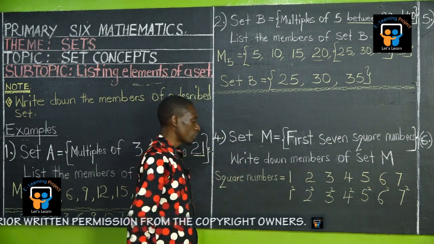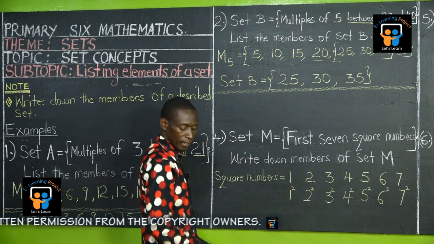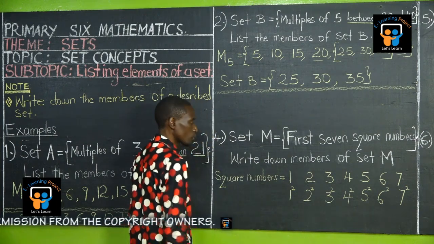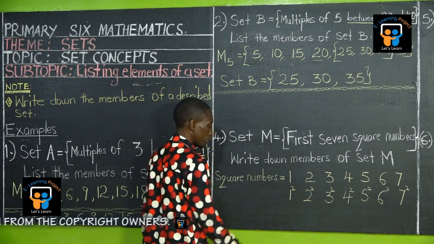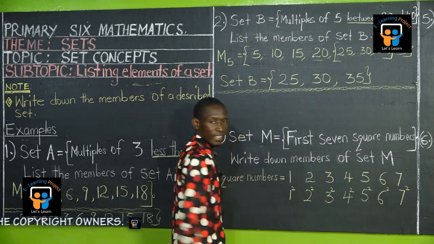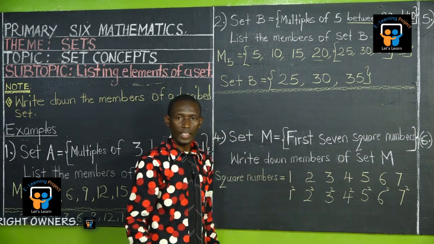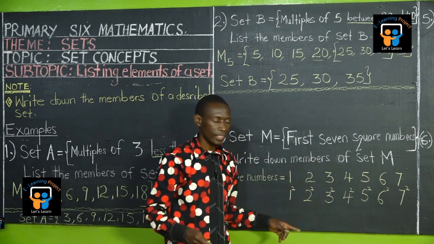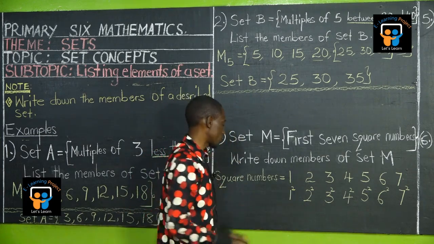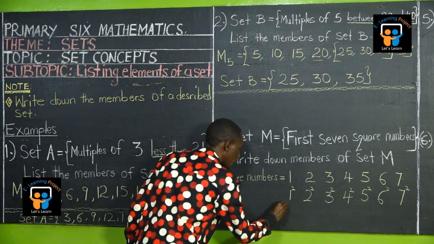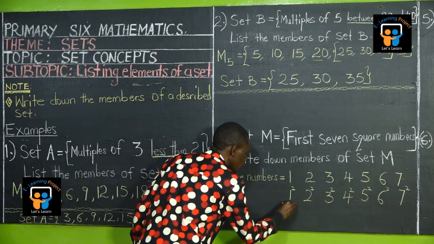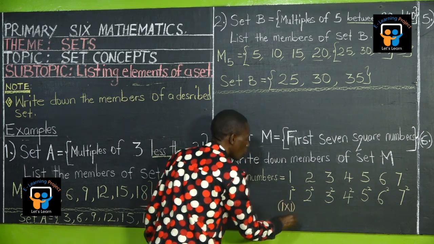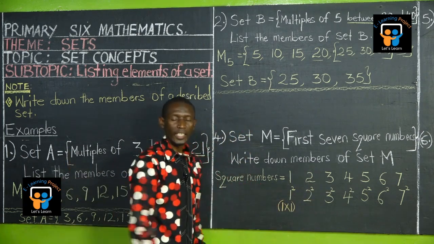We multiply to get the square numbers. Yes. So now we are going to multiply. Expand 1 squared. Again, expand 2 squared. So 1 squared is the same as 1 times 1. Right? What about 2 squared?